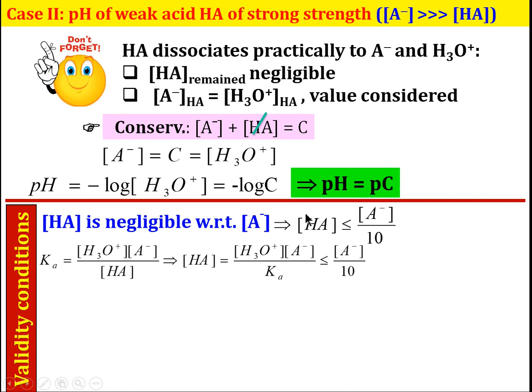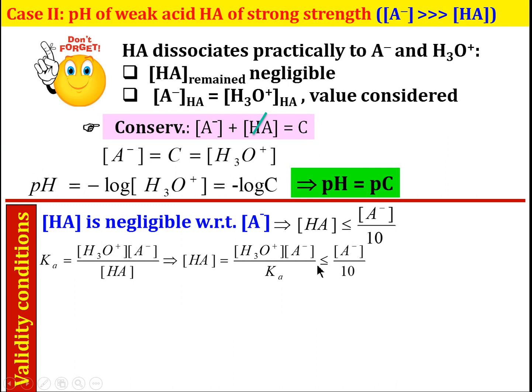And we supposed from the beginning that HA is less than A minus divided by 10. So H3O plus times A minus divided by Ka is less than or equal to A minus divided by 10.